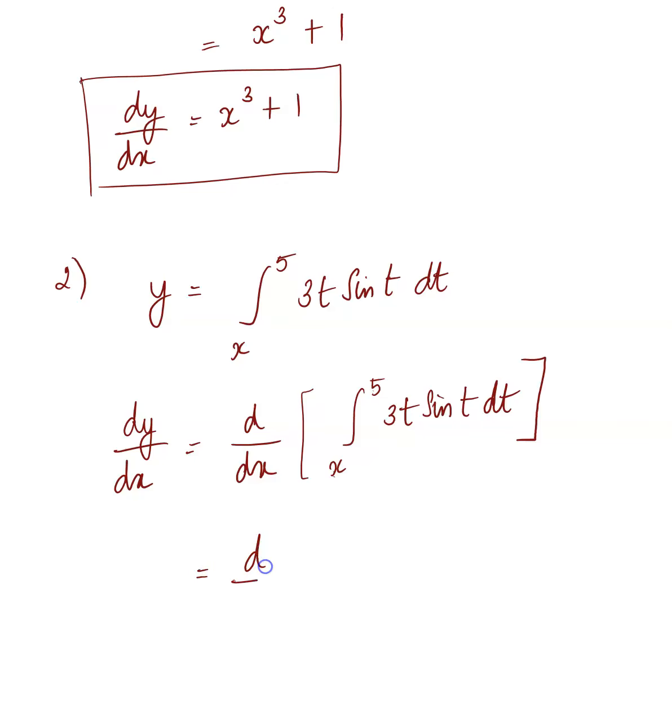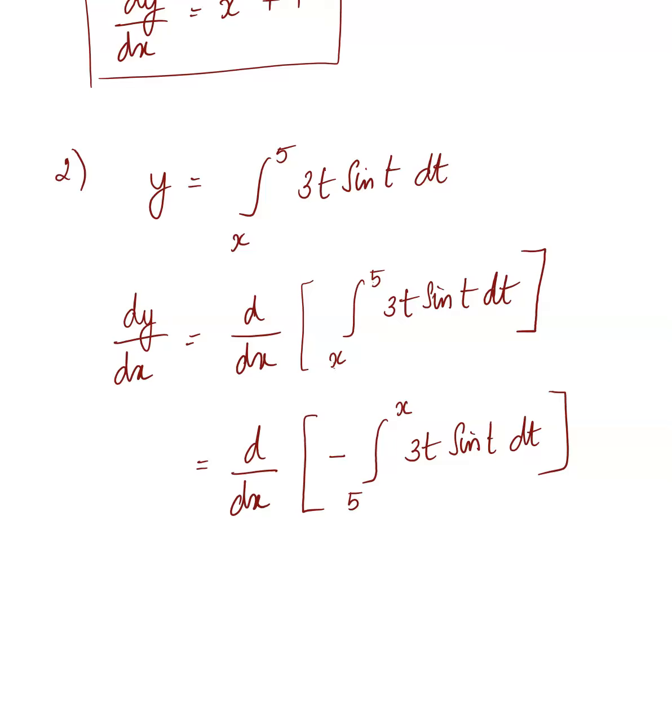But from the order of integration rules we saw before, we can switch this order if we throw in a minus. So if I make it a minus, the integral can be switched to go from 5 to x of 3t sine t dt. The minus can be brought out and left outside the whole thing, so that shouldn't impact us. This is your f of t, so f of t is 3t sine t.